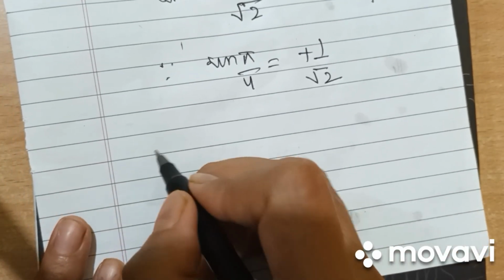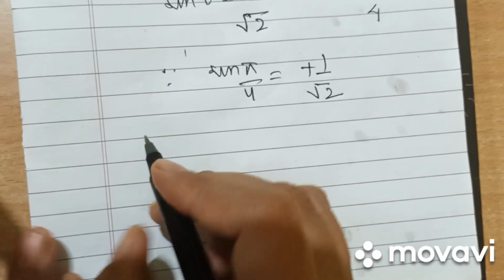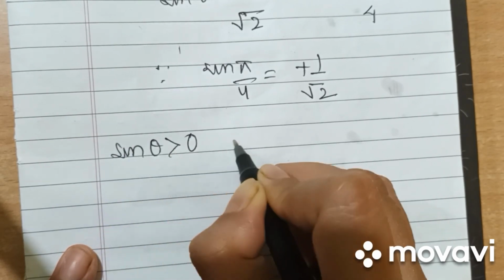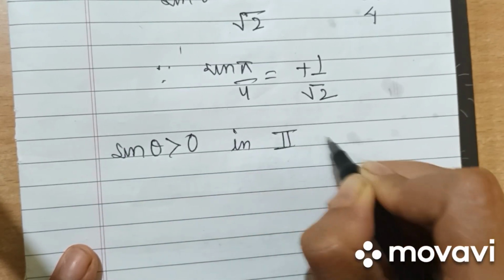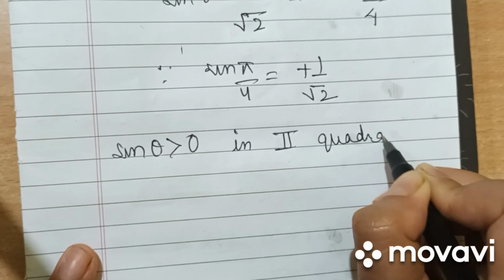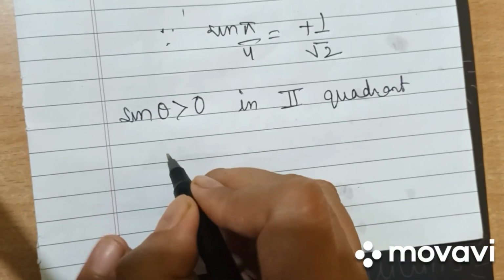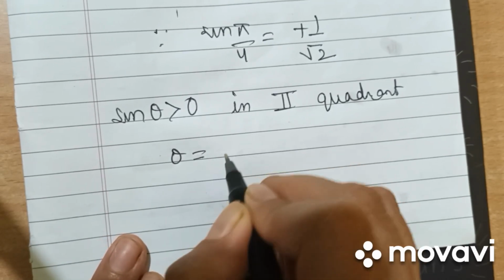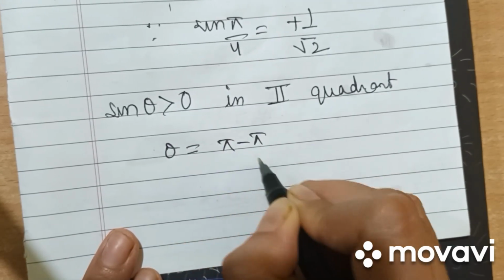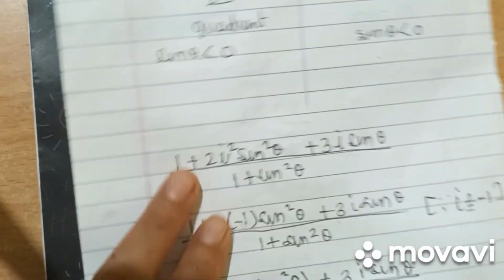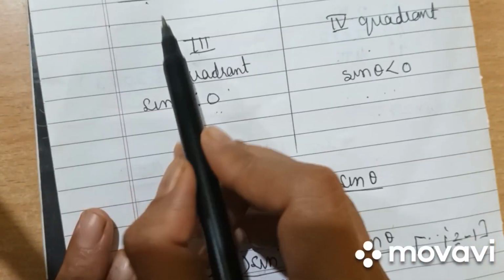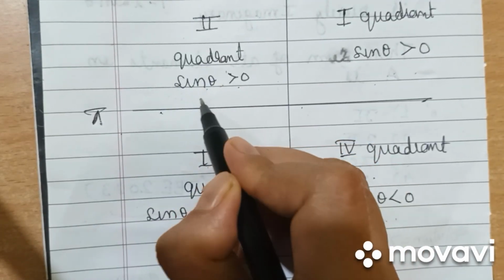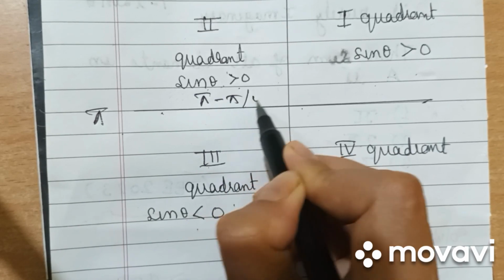Similarly, in second quadrant, since sine theta is greater than 0 in second quadrant, we have theta equal to pi minus pi by 4, since this value denotes pi, hence in second quadrant we are taking this value as pi minus pi by 4.